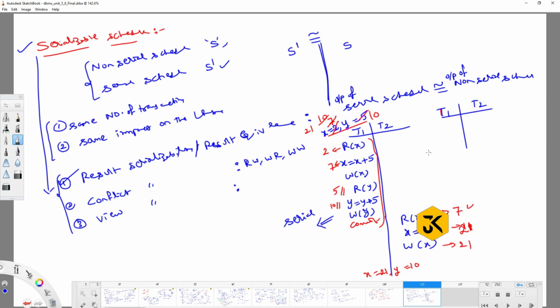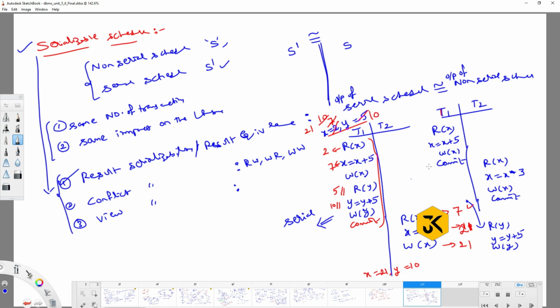If I say read of x, x equal to x plus 5, write of x, some kind of commit operation, read of x, x equal to x into 3, write of x, some kind of commit operation. So here we have some statements, something like read of y, y equal to y plus 5, and write of y.